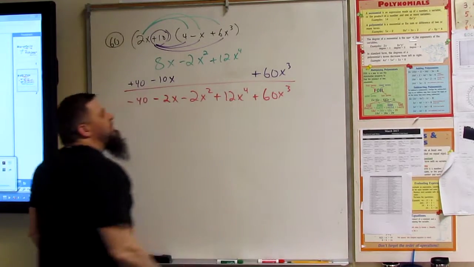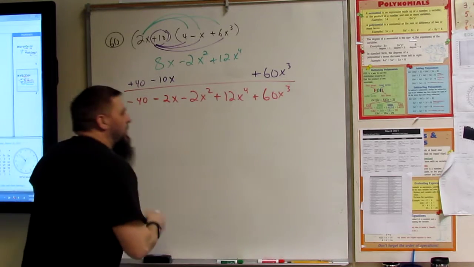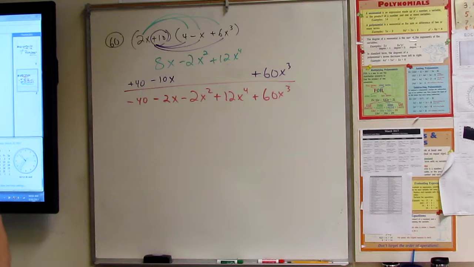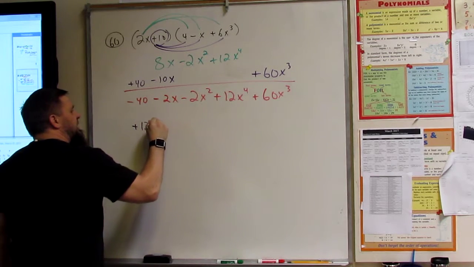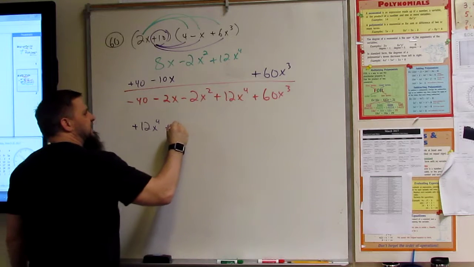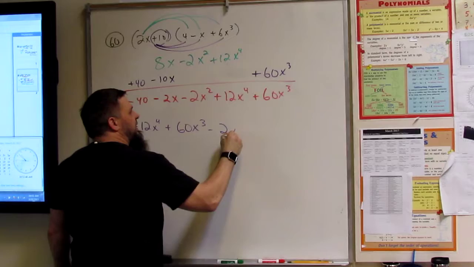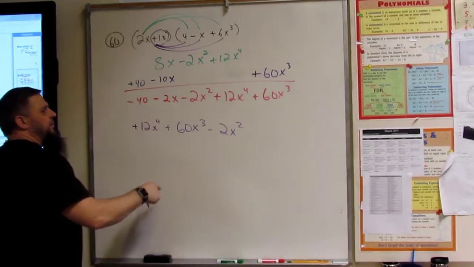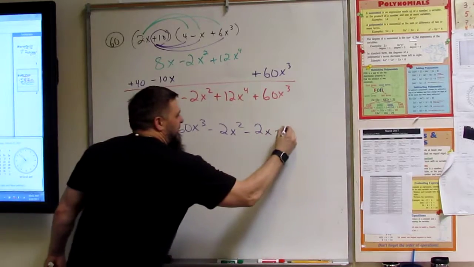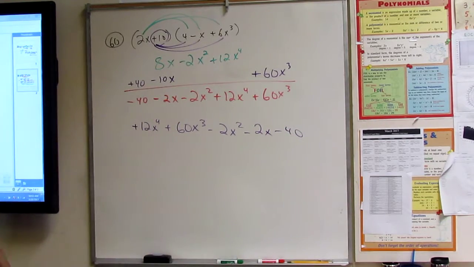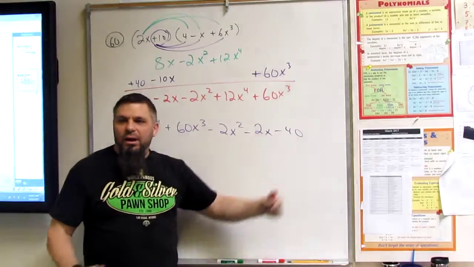And now we've got to put them in order, from highest to lowest. So that's plus 12x to the 4th, plus 60x to the 3rd, minus 2x squared, minus 2x, and then minus 40. And so that's in order, right? 4, 3, 2, 1. And what's here? 0.